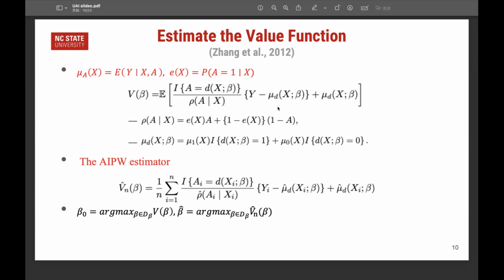Based on this identification formula, Zhang et al. in 2012 introduced this AIPW estimator, where rho hat and mu hat d are derived by substituting the estimated propensity score and the estimated outcome mean function into rho and mu_d respectively. So beta 0 is the true linear ITR, which maximizes the true value function. Beta hat, our target, is the estimated linear ITR, which maximizes the AIPW estimator.